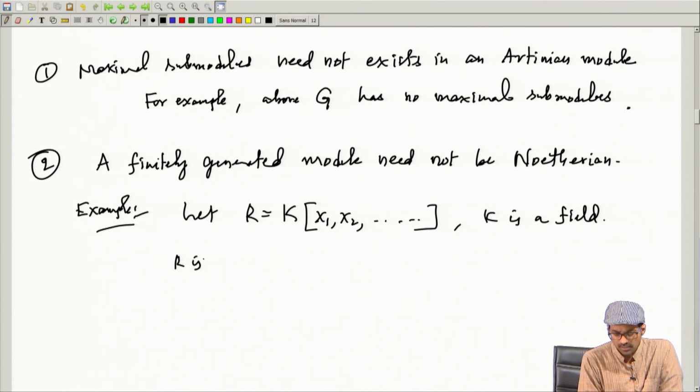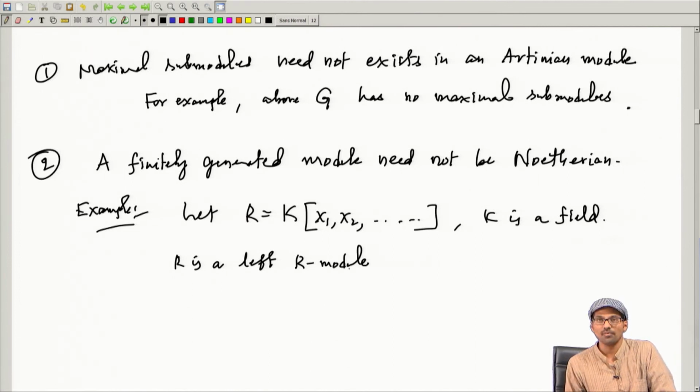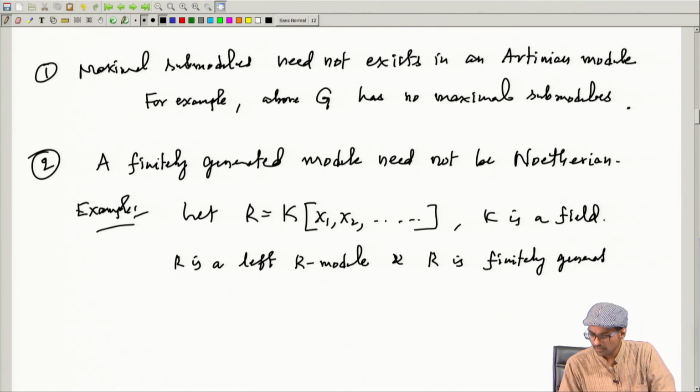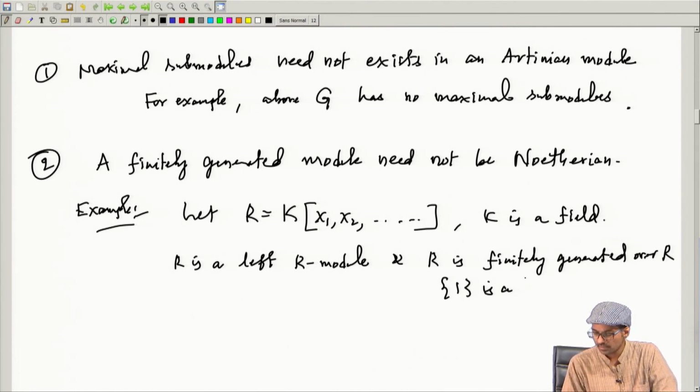R is a unitary left R module, and R is finitely generated over R, because the singleton 1 is a basis, meaning it is a generating set. In fact, it is a free module.